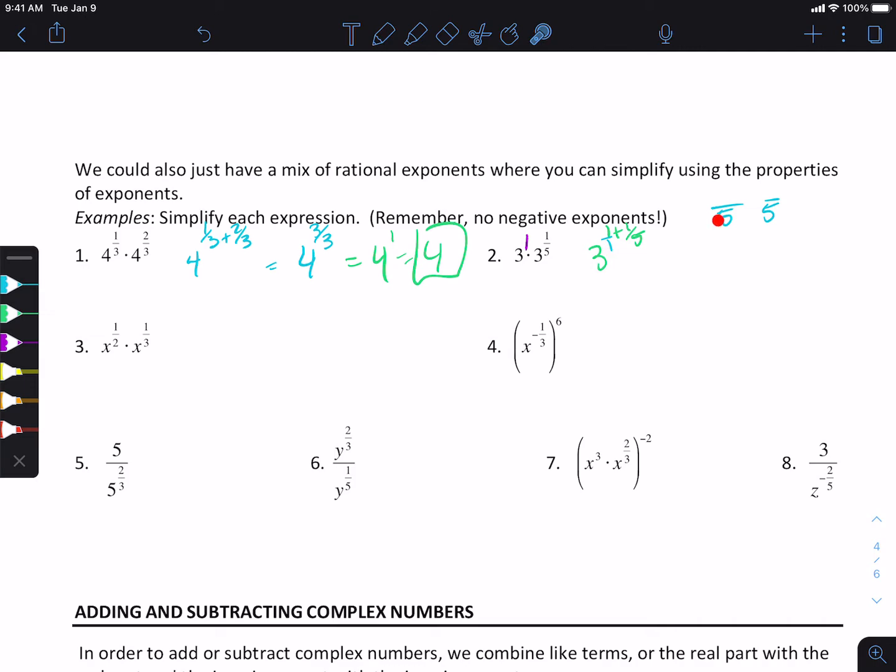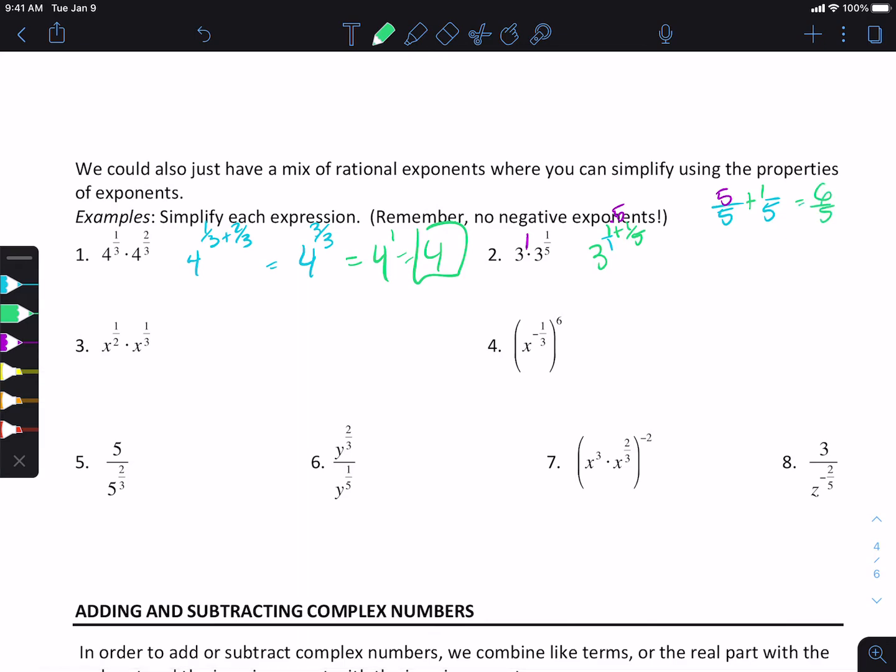To go from 1 to 5, we have to multiply the top by 5. So 1 times 5 is 5. To go from 5 to 5, we don't multiply by anything, or you can think you multiply by 1. So 1 times 1 is 1. And I'm going to add. So then this gives us 6/5. So now we have 3 to the 6/5.